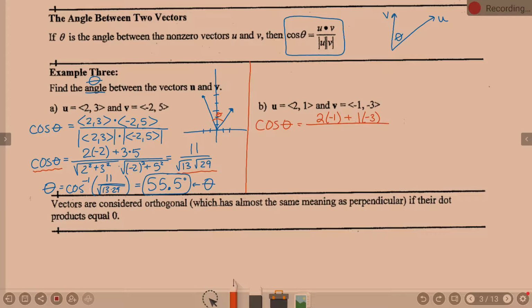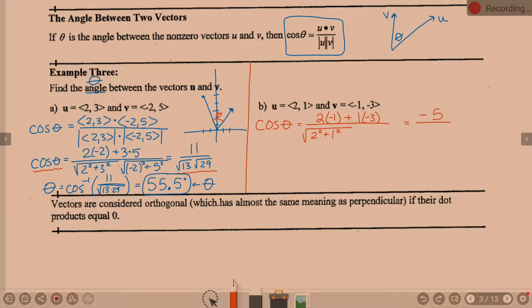Okay. If you go ahead and do the math there, -2 plus -3, so -5. Denominator says magnitude of U times magnitude of V. So magnitude of U, square root of 2 squared plus 1 squared.